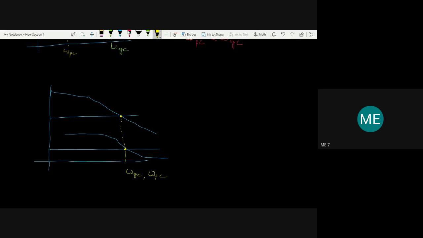If you calculate the gain margin and phase margin for both cases, GM and PM are equal to 0. Gain margin is 0 dB and phase margin is 0 degrees.